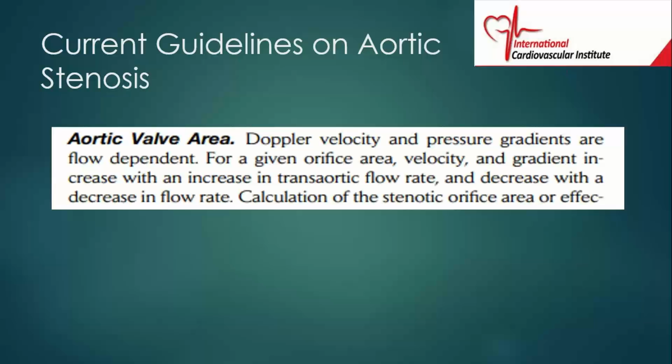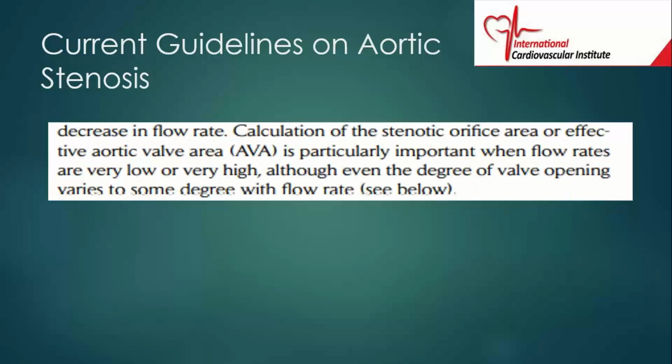So it's important to calculate the area using the continuity equation. Calculation of the stenotic orifice area, or effective aortic valve area, is particularly important when the flow rates are very low or very high.